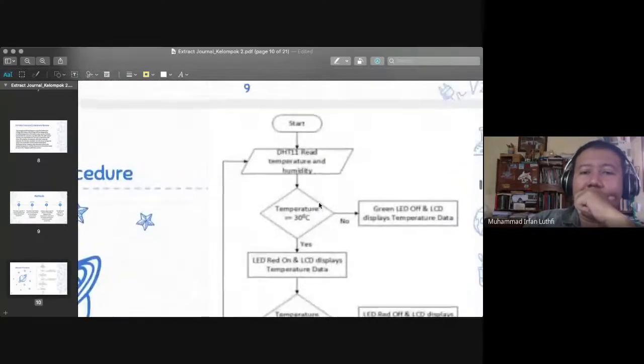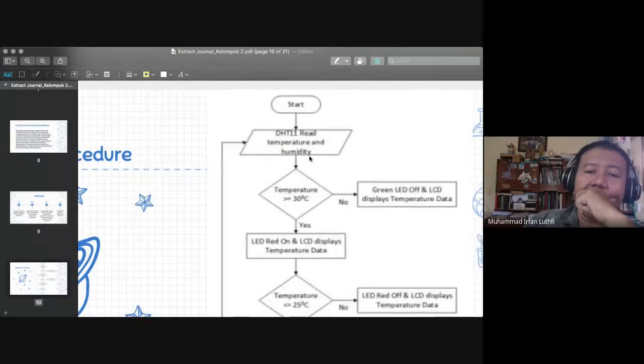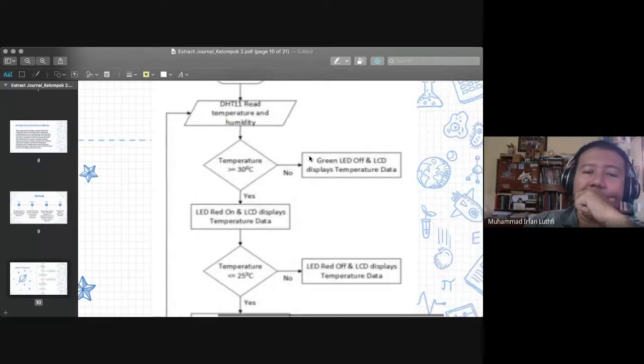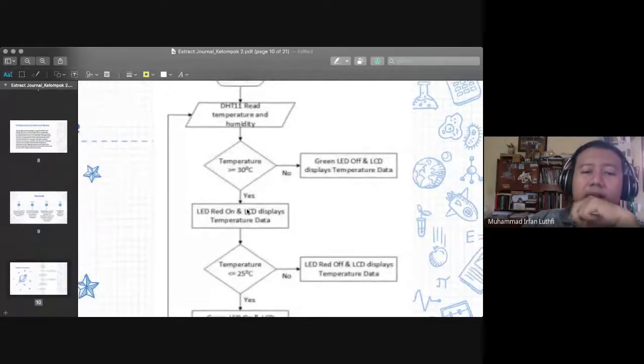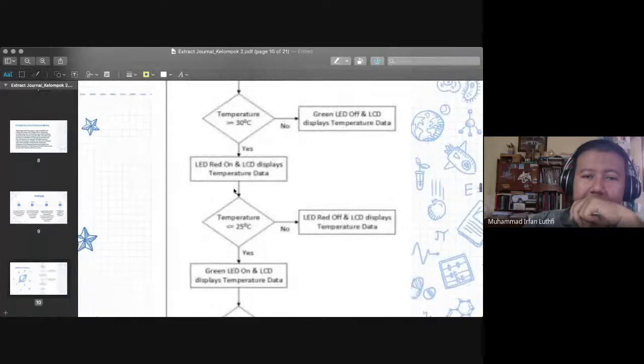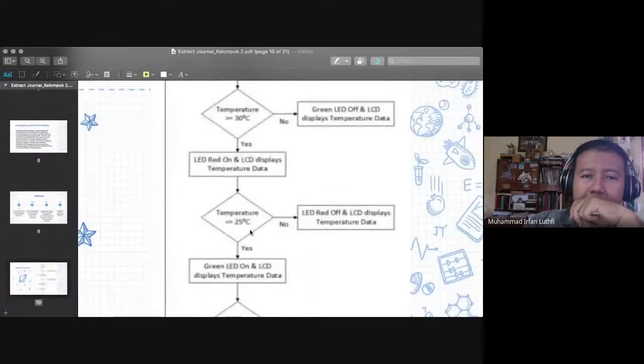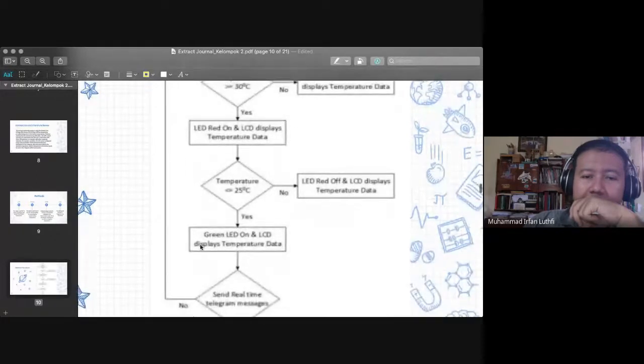And it mentions where the system begins from this one, and the DHT11 they start with temperature and humidity, and when temperature is above or equal to 30 degrees, the LED turns on, and the LCD will display the temperature data, and when the temperature is below 25 degrees, then the green LED is turned on.